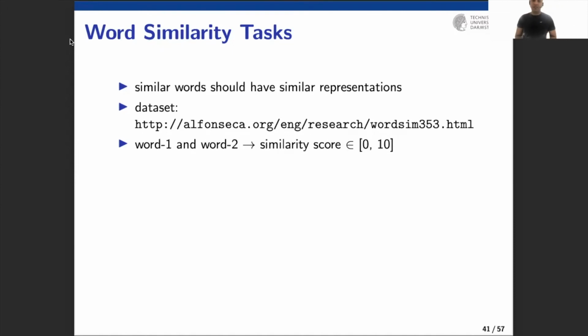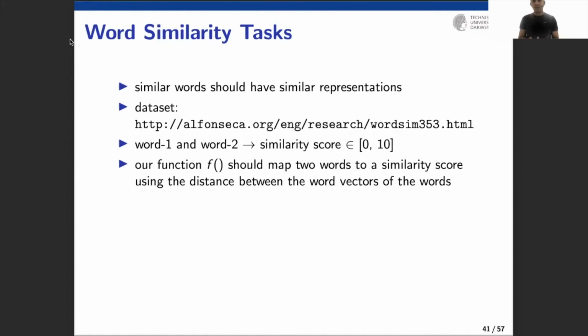The input to this task is a pair of words, word 1 and word 2, and the output is a number representing the similarity level between these two words. In the dataset, scores are assigned by human judges, and they vary between 0 and 10. 10 shows that these two words are highly similar.